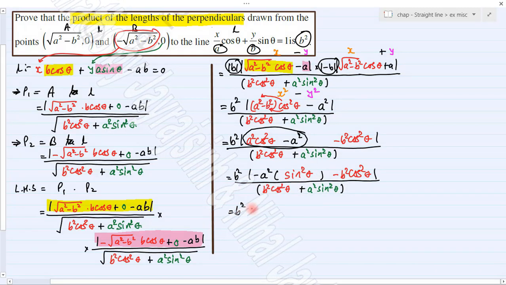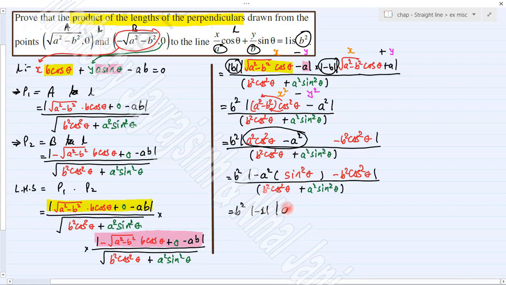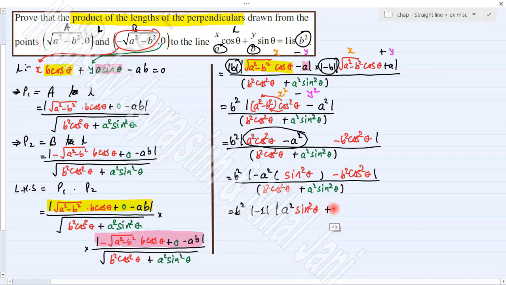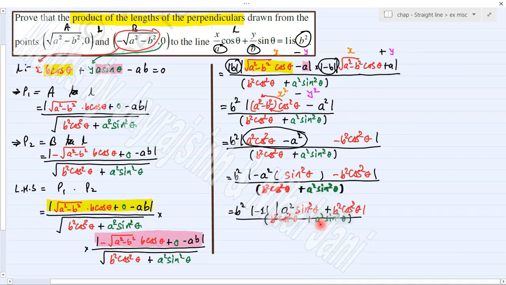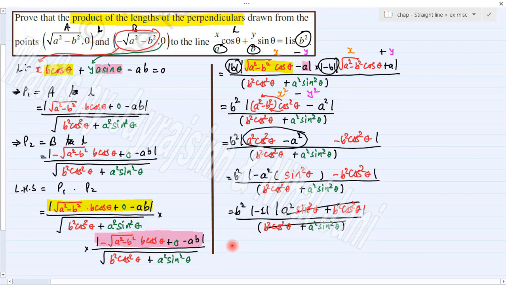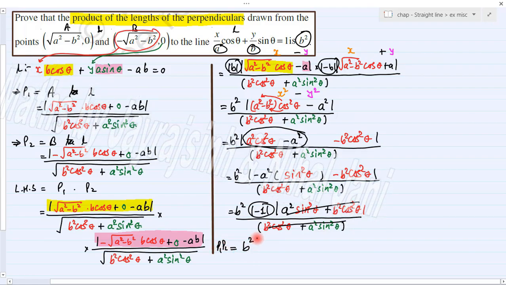So if we take minus common from the mod, we will get a square sin square theta plus b square cos square theta upon your denominator, which will still remain as it is. So a square sin square theta plus b square cos square theta will cancel out. Mod minus 1 will become 1, and you will get b square, which is nothing but P1 into P2. Hence proved. Ta-da!